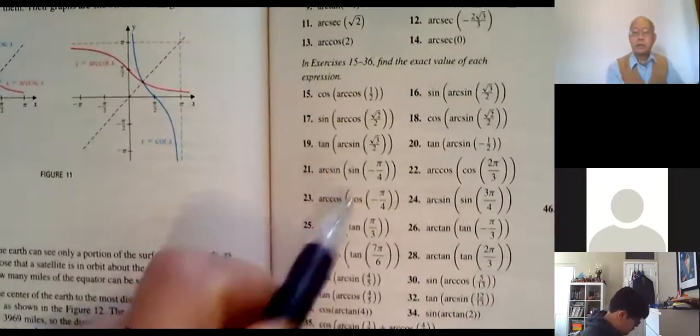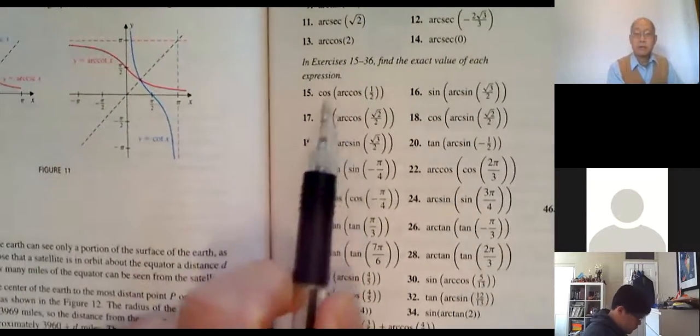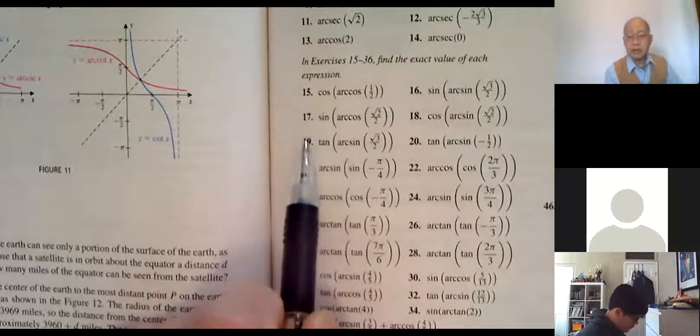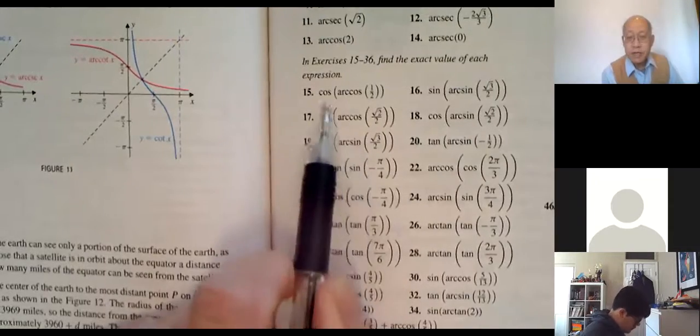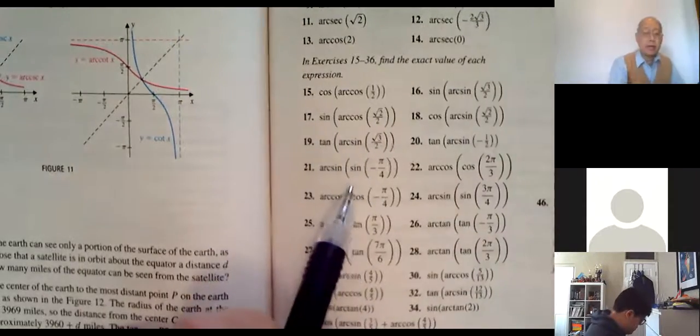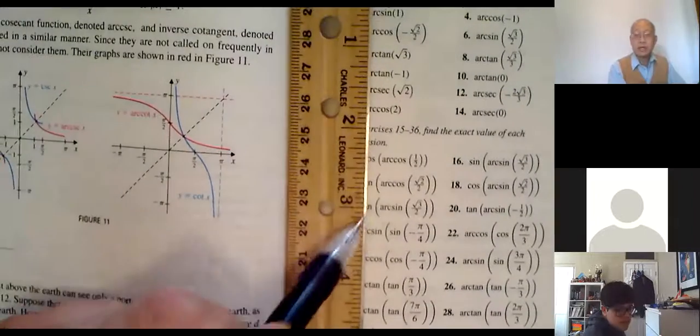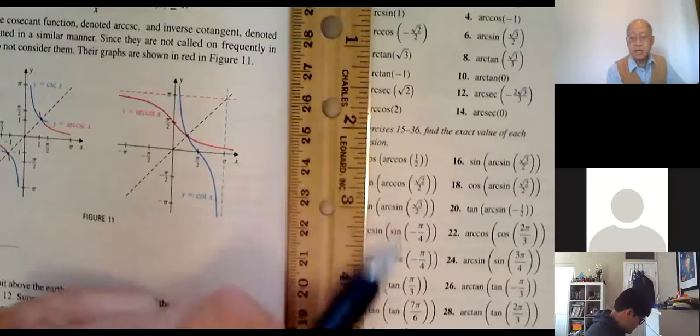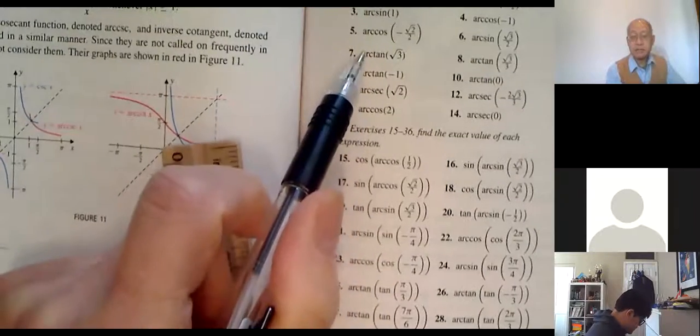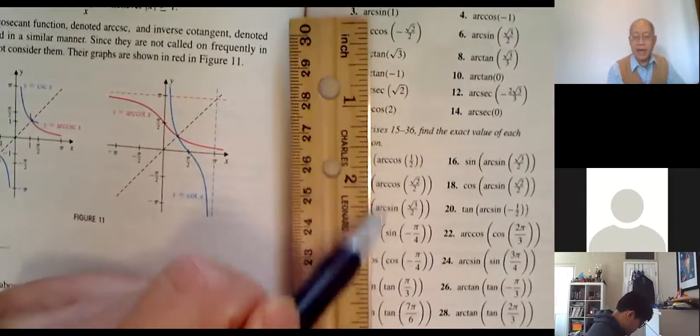All right, so I'll do some of these harder ones now. Okay, find the exact value of each expression. So they're asking you for cosine, blah, blah, blah. Okay, so this part, if I kind of cover these up, these here are just like this. Right, so you come back with some angle.